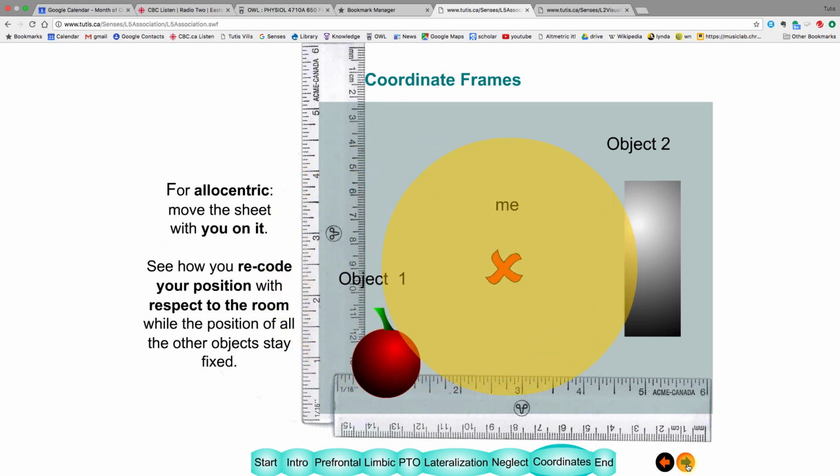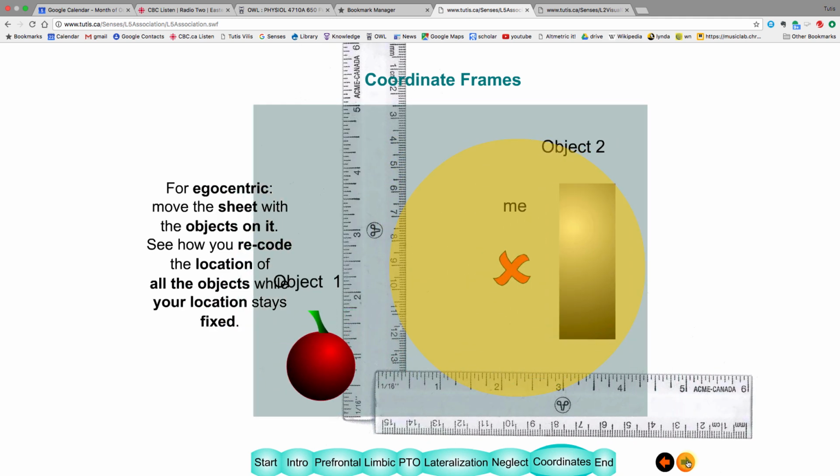So for allocentric, you can see when you move around, these objects relative to you change positions, but with respect to the table, these objects are staying the same. So in their coordinate frame, the allocentric frame, these objects are the same location with respect to the table.